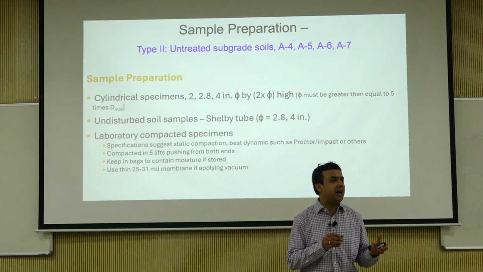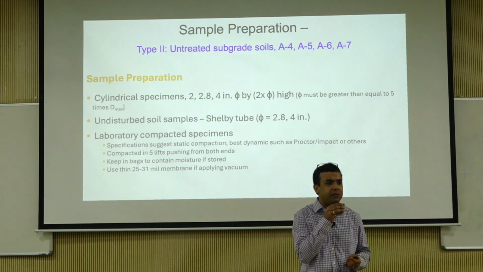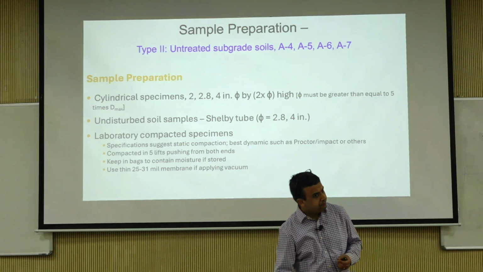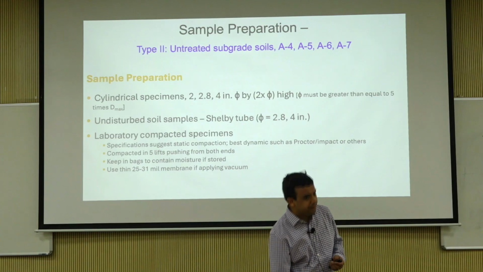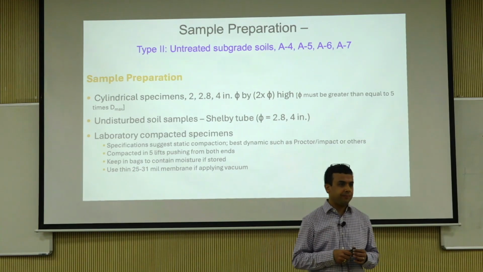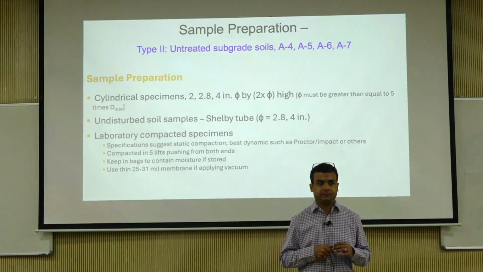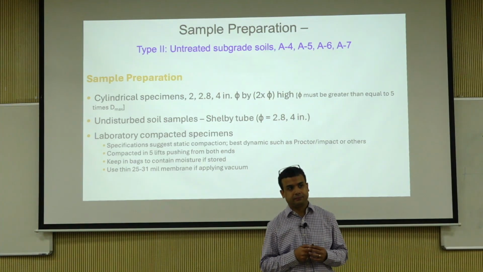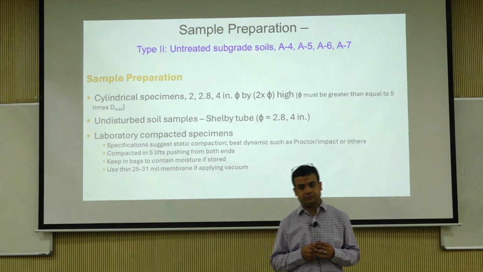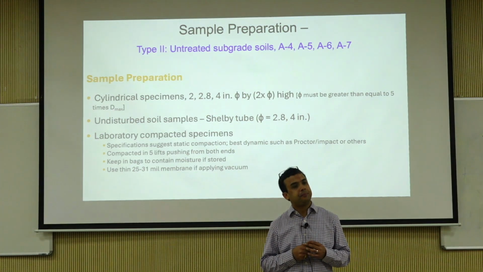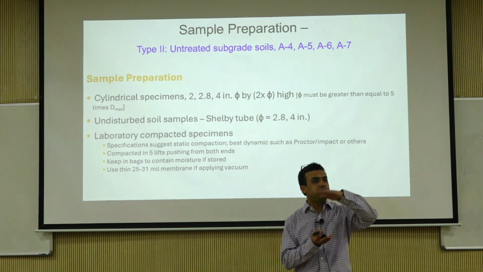Make your sample? How do you specify target density and how do you meet it? So how do you compact?